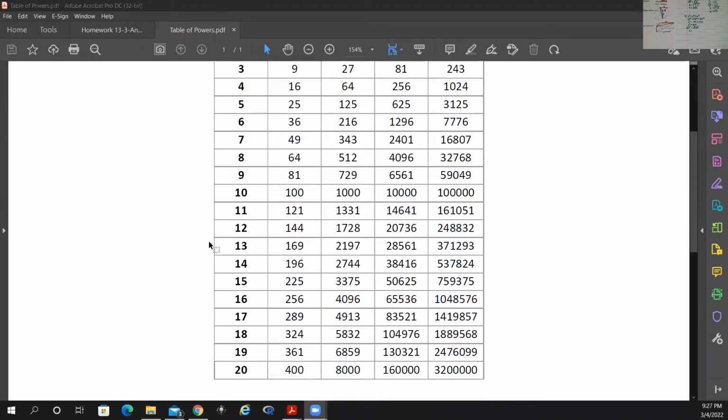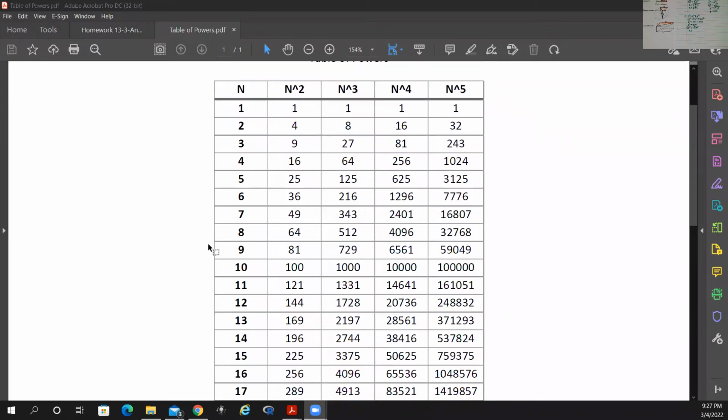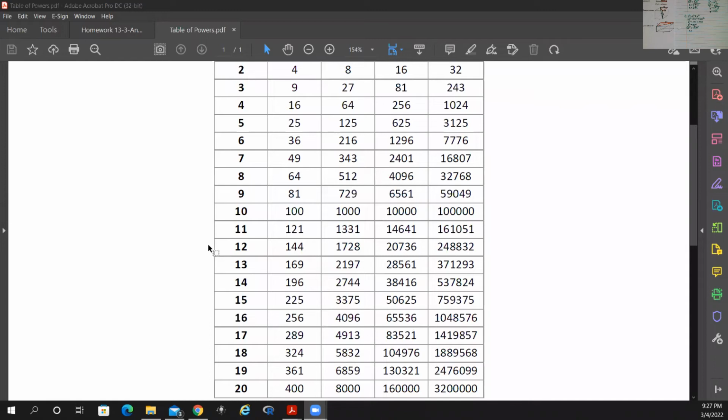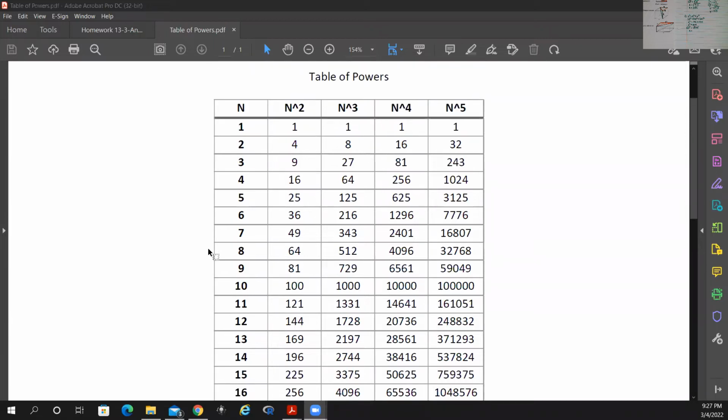Now this table goes all the way up to 400. This table was previously introduced in a video in section, I believe, 7-5, and it should be in one of the notes given to you, so check for that.